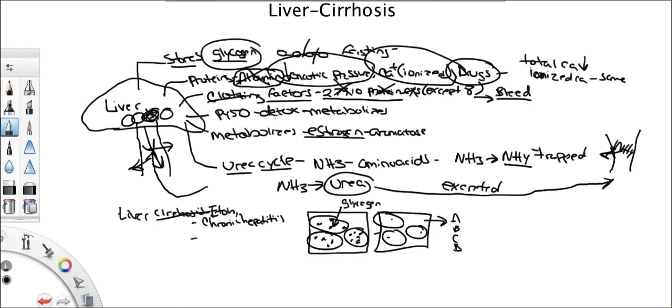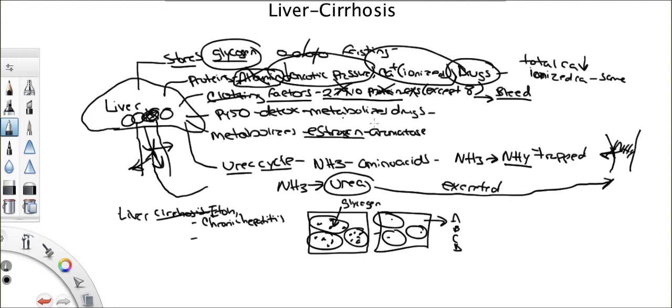P450 system, detoxification, metabolizing drugs, right? So if I tell you, let's say drug A was given to a patient and they noticed really, really high levels in the blood, why? As opposed to another patient, B. Well, because maybe patient A doesn't have a P450 system.